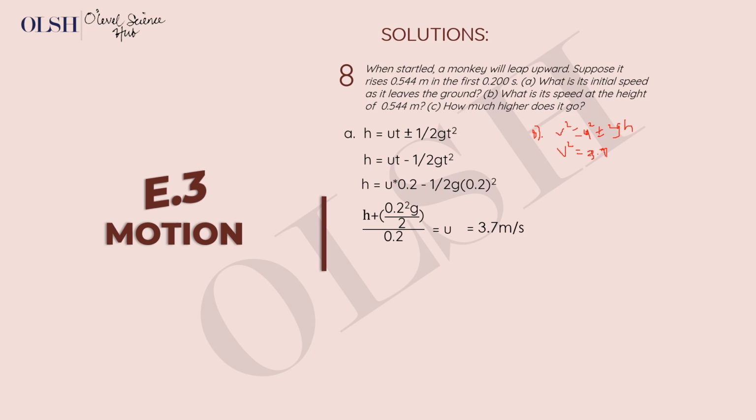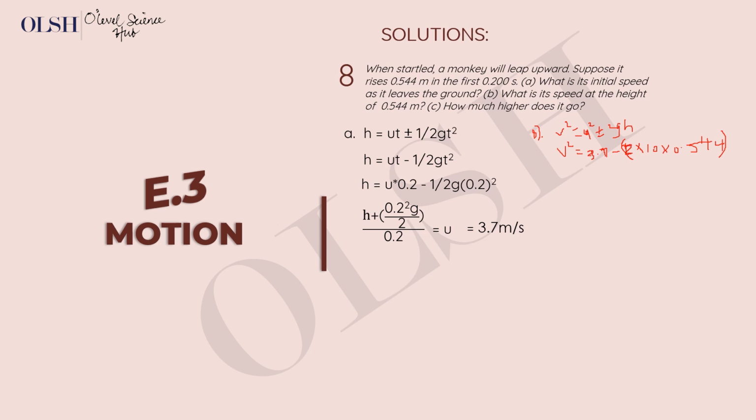Remember, this is going against gravity, so we have minus 2 times 10 for gravity and times 0.544, in brackets.